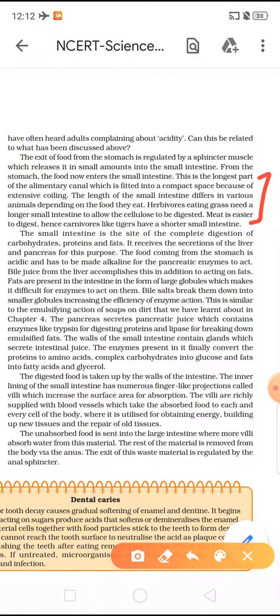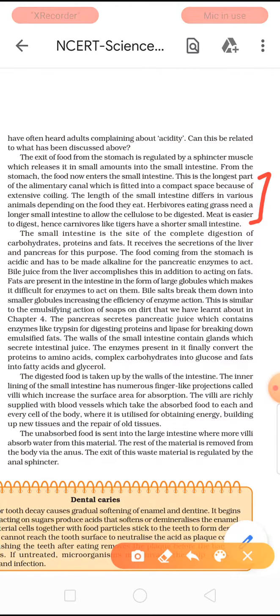The length of the small intestine differs in various animals depending on the food they eat. Herbivores eating grass. Okay, herbivores are what? Those which feed on grass. They need a longer small intestine to allow the cellulose to be digested. So in herbivores, the small intestine will be longer.